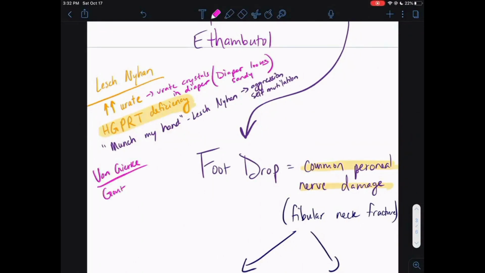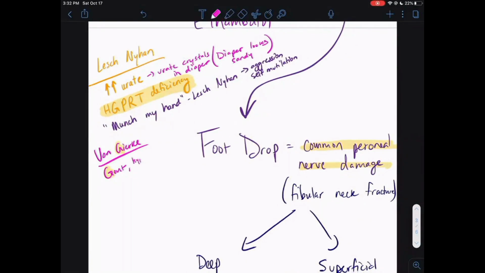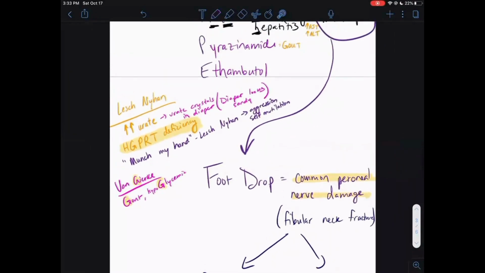How you can remember that is the G for von Gierke and the G for gout. So they're both going to present with gout-like symptoms. You get hyperuricemia with hypoglycemia, and the G here stands again for part of the mnemonic. And you're going to get hepatomegaly as well, so enlargement of your liver. So that's some helpful tie-ins for whenever you think about gout.